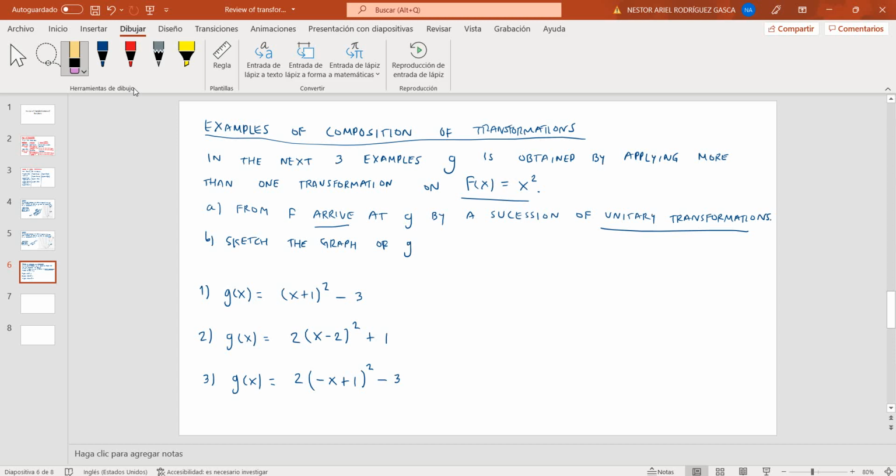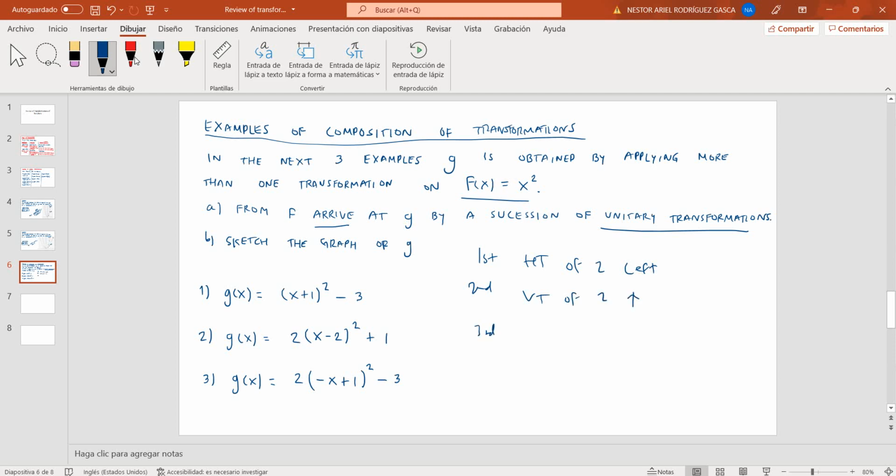So let me make a hypothesis. My hypothesis is that first, a horizontal translation of 2 units leftwards. That's what's happening. And second, a vertical translation of 2 units upwards.